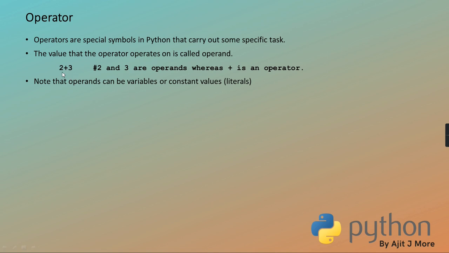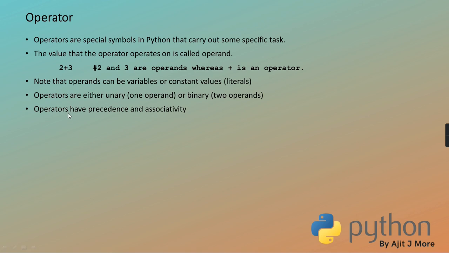If they are variables, they represent the value stored in them. If they are literals, they represent themselves. If an operator works on one operand, we call it unary. If it works on two operands, we call it binary. Every operator has its precedence, that is priority. If they have the same precedence in an expression, associativity comes into the picture. To override standard precedence, use brackets.